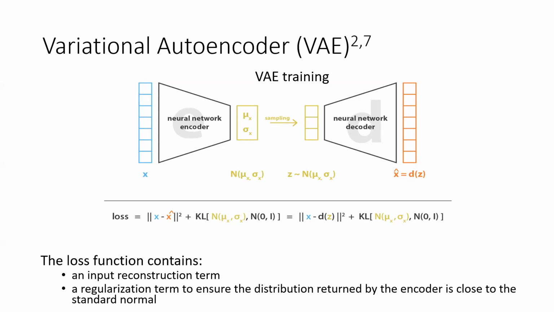So the original paper said that the probability distribution that is created has to be as close as possible to a Gaussian with mean 0 and a standard deviation sigma.